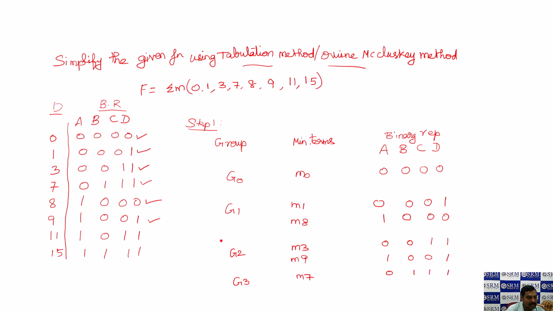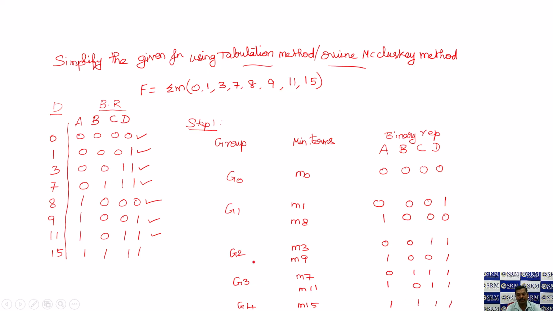Check whether anything else is having 3 ones. Yes, of course, M11 is having 3 ones. So M11, the corresponding binary representation is 1 0 1 1. Now I'm going to check the entire thing. Only 4 ones are missing, so that will be grouped as G4. So G4 is equal to M15, 1 1 1 1.